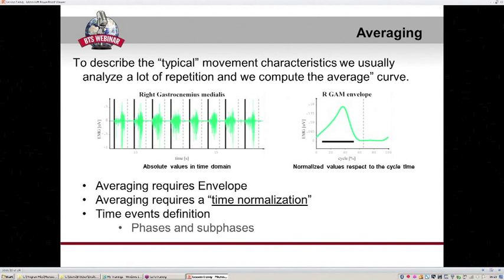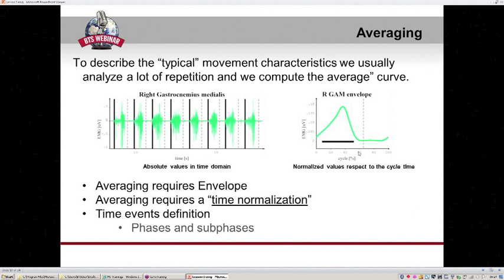These two events define the phases and the subphases of the stance, for example, with respect to the total gait cycle duration. So, after performing the time normalization, as you can see, the original millisecond or second time scale is converted to percent of the cycle. So we get a scaling that starts from 0 up to 100.